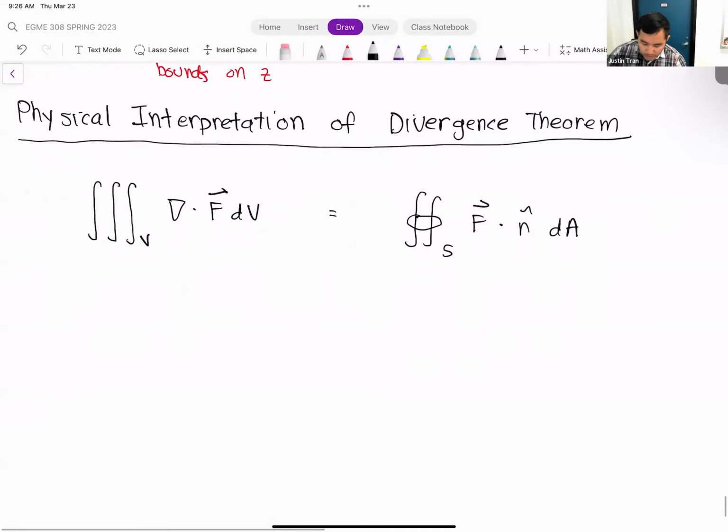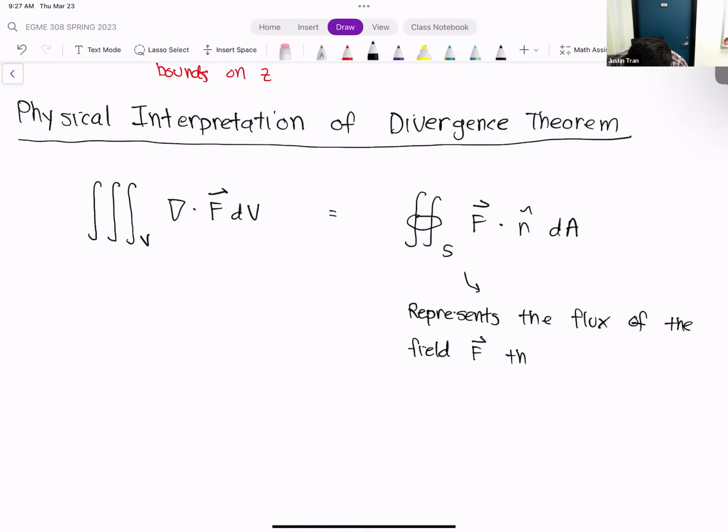Based on our physical interpretation of the surface integral, we know that it represents a flux. It represents the flux of the vector field F through the closed surface S. The closed part there is important to highlight, so that's why I underlined it.